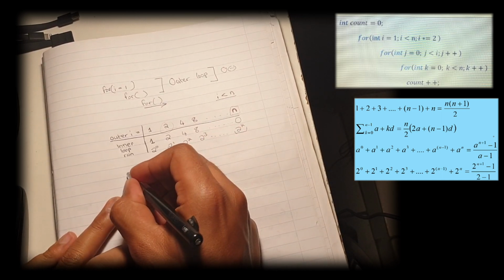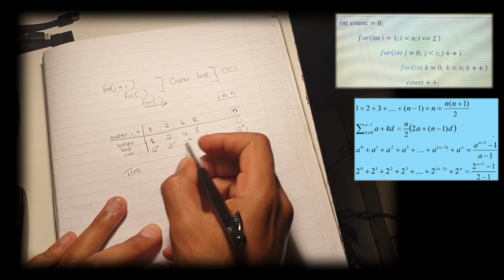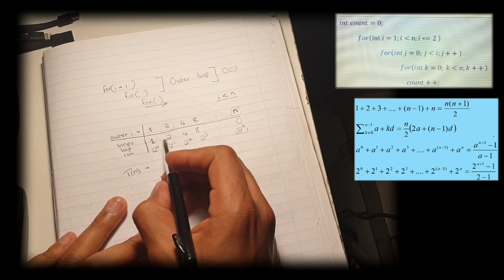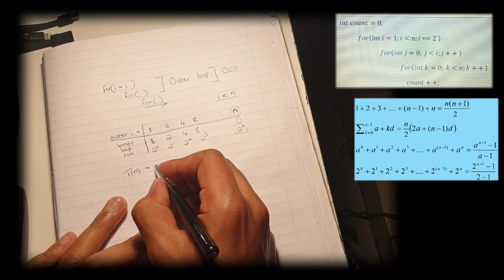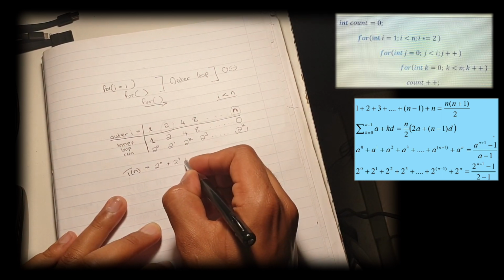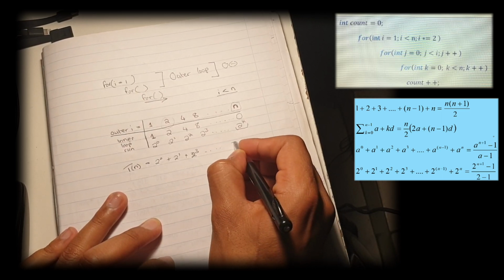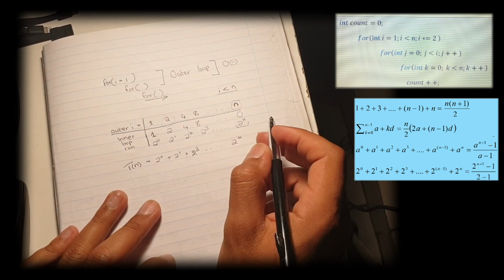So this is our T(n) function. We're going to sum all these up, right? For the first iteration, it ran only 2 to the power of 0. Second iteration, 2 to the power of 1. Third iteration, 2 to the power of 3, and so on up until the last iteration, right?